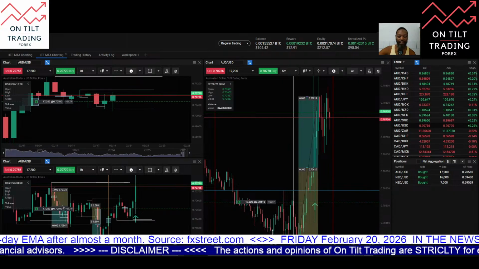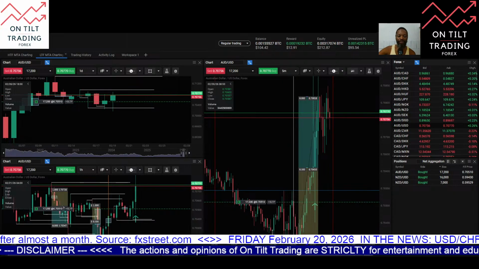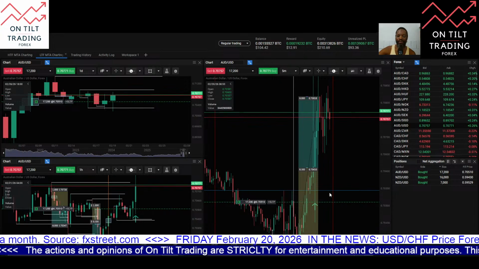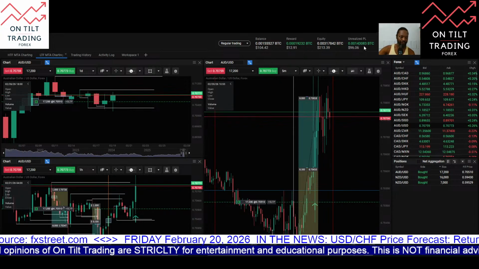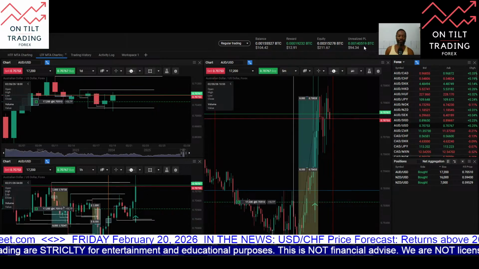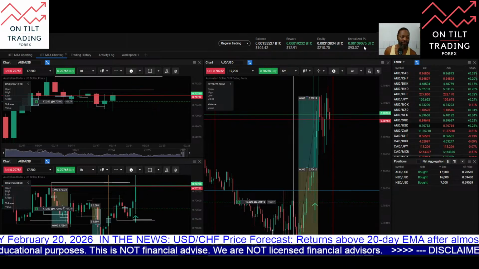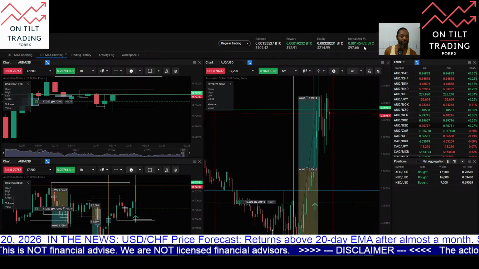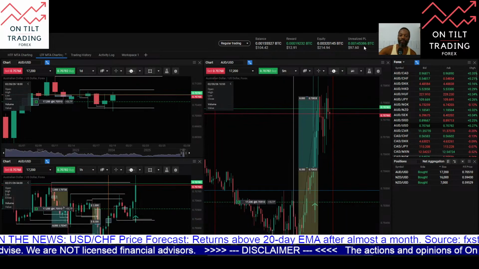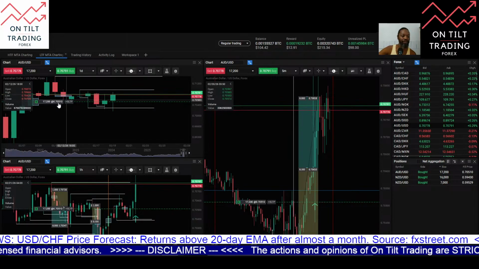So with that in mind, just keeping my focus here to the buy side or for longs, and willing to let the trade run here for a bit. But if all goes well, get to some sort of profit target.